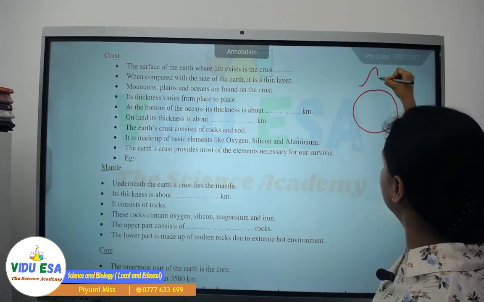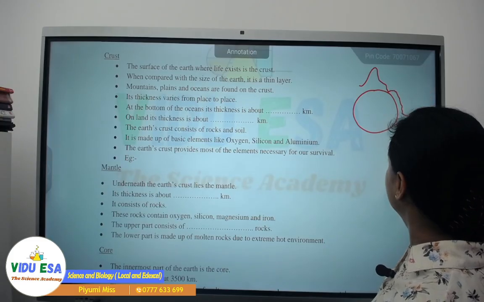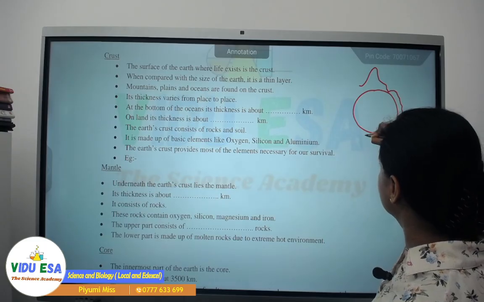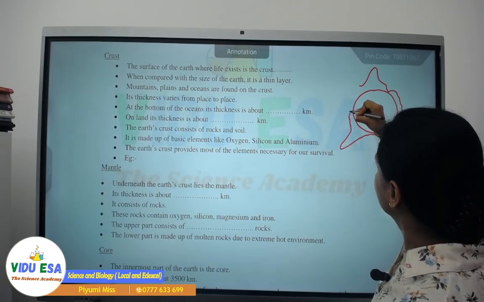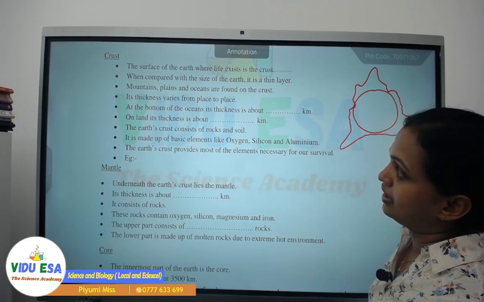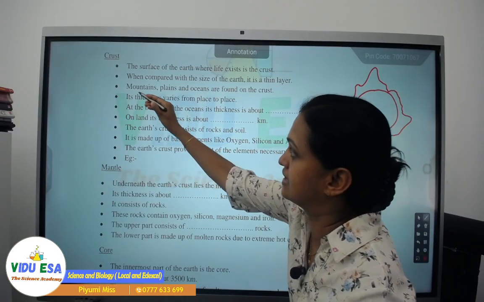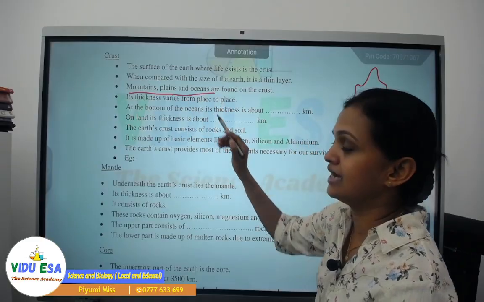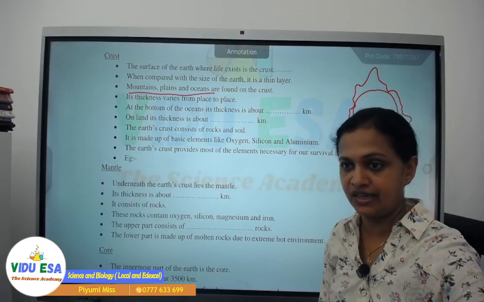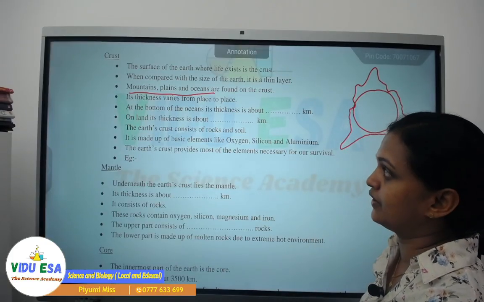There are highlands as well as deep ocean beds. Mountains, plains, and oceans are found on the crust.